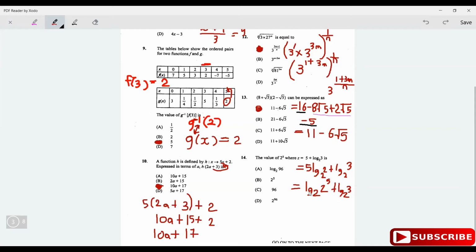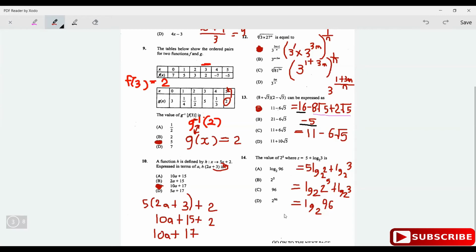By laws of logarithm, log A plus log B is the log of AB. So this becomes log to base 2 of 2 to the 5th times 3. Now 2 to the 5th is 32, and 32 times 3 is 96. So I get log base 2 of 96. All right, nice. So that is what we have now.